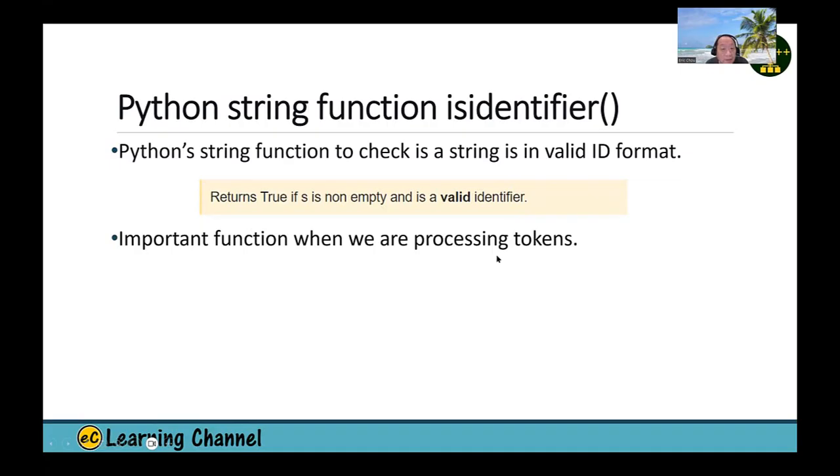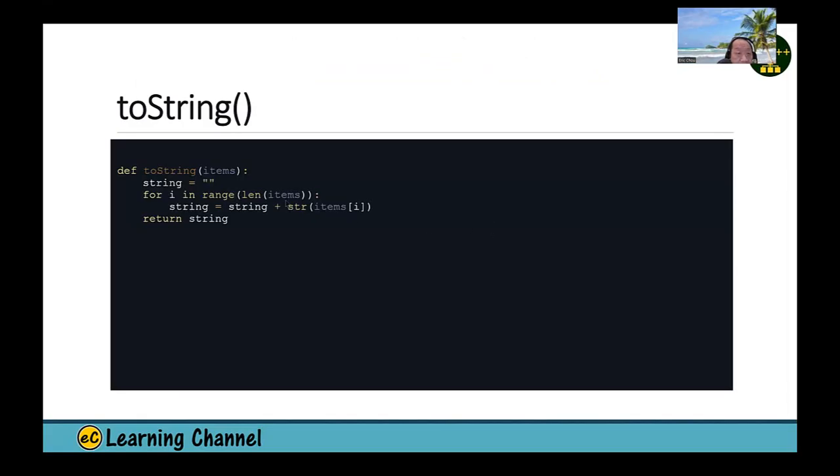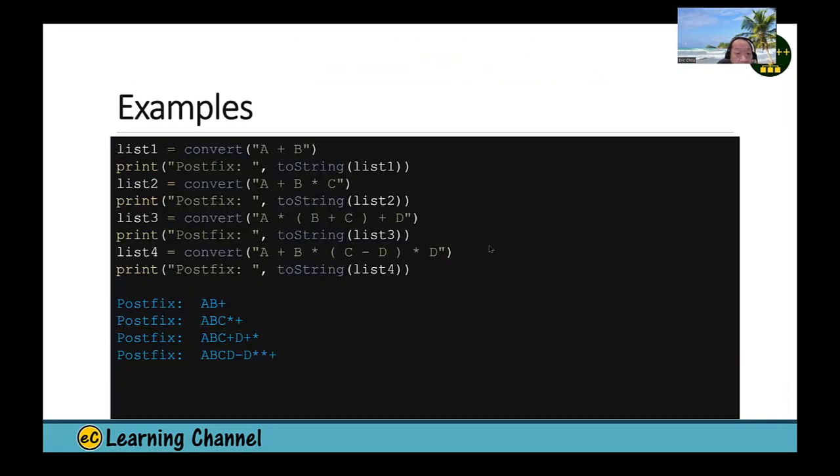So let's look at the ID function first. The identifier function follows the rule for ID. This one uses a regular expression to finish it, and you do know how to do an ID with a regular expression.